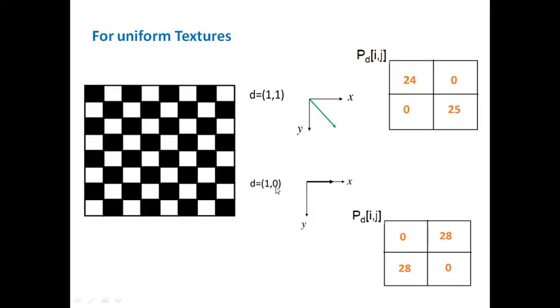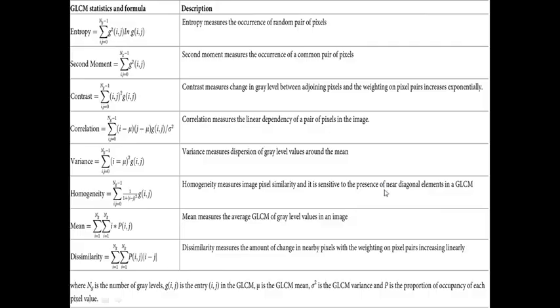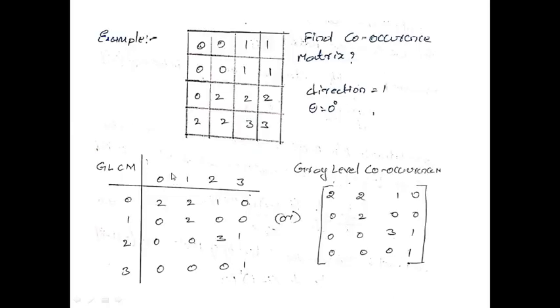I and j are related horizontally with 1 unit as distance. So 2 and 2 has a first occurrence, a second, and a third. In total, 3. In a similar manner I can find out the rest, because I have 4 intensity levels.